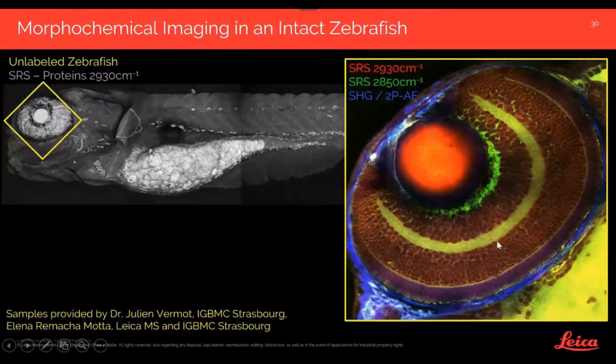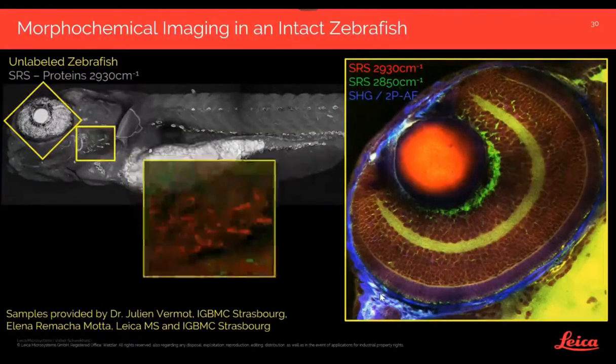And you can see here we have lipid-rich regions in the eye, we have more protein-dominated regions, and then in the outer layer, this is where the actual photoreceptors are localized. You can see that there's an even slightly different contrast here. And then the encapsulation of the eye shows up very bright in a different type of contrast, which is likely from second-harmonic generation signals of the proteins that make up this encapsulation.